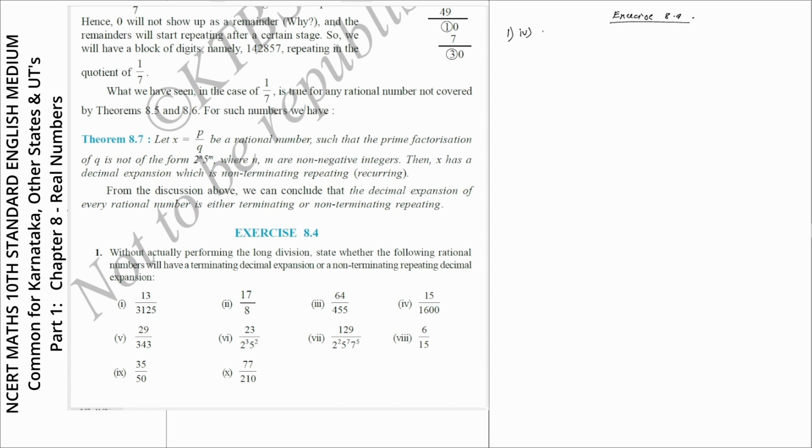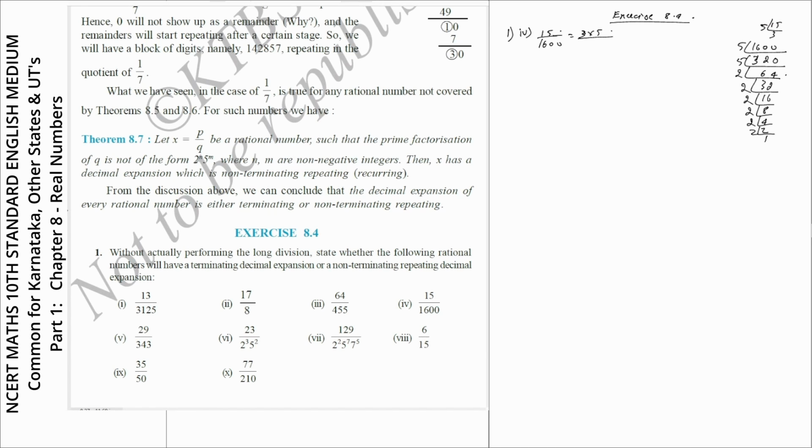Fourth sub question, it is 15 by 1600. So 15 when factorized, 5 3s are 15. So this is 3 into 5. 1600 when factorized, so it is divisible by 5. 5 3s are 15, 5 2s are 10, 5 0s are 0. Then 5 6s are 30, 5 4s are 20. Now divided by 2, half of 64 is 32, half of 32 is 16, half of 16 is 8, then 4, then 2, 2 ones are 2.